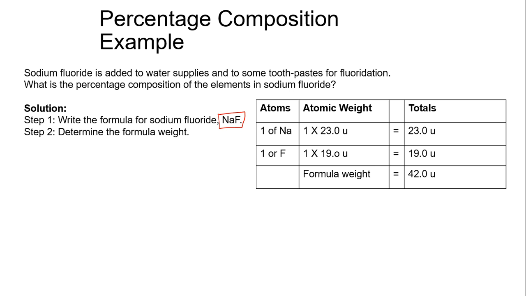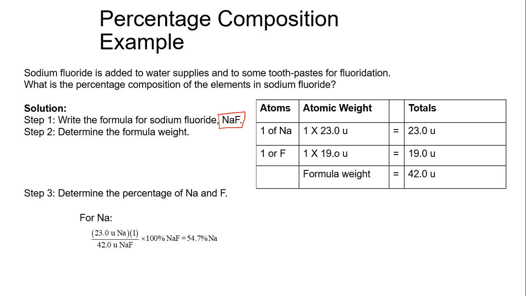Therefore, the formula weight is 23 plus 19, or 42. Now we need to determine the percentage of both sodium and fluorine in our compound. So sodium, we take the atomic mass, 23, multiply by the number of atoms, 1, divide by the total formula weight, 42. If we calculate that, we get 54.7%.